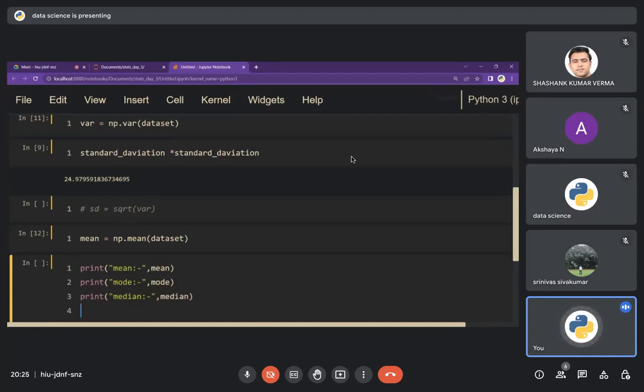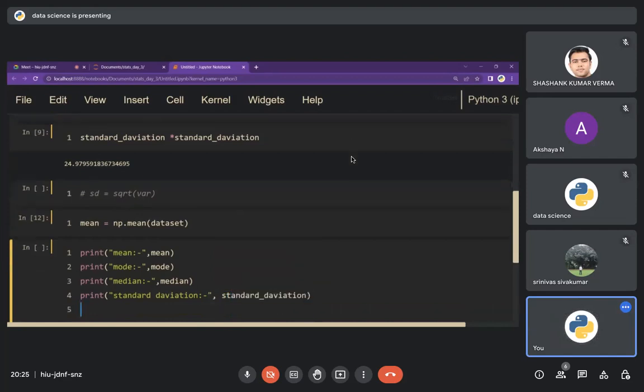And what else? Print standard deviation, comma standard deviation, and print variance, comma variance.